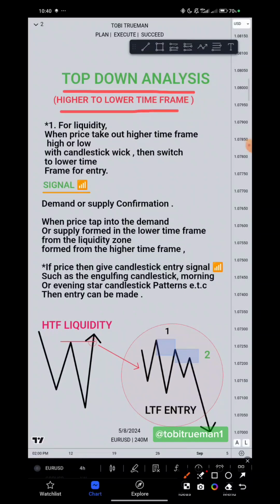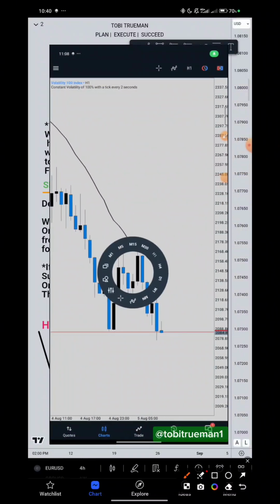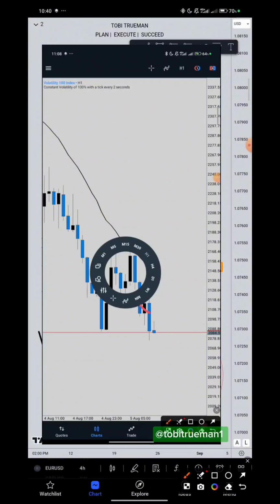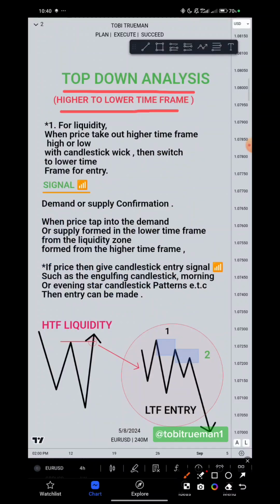We have talked about the type of candlestick formation we use and the time frames we will be using, from the monthly, weekly, daily, 4 hour, 1 hour, 30 minutes, just like that. So you look from the monthly or the weekly or the daily, then you take it downward through all of those time frames that I've mentioned. That is all about top-down analysis.